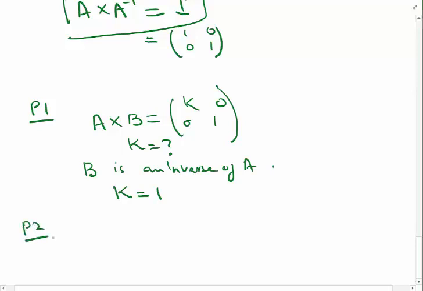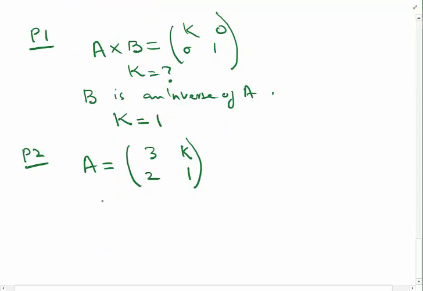Alright, let's do another problem. Let's suppose we have matrix A with the entries 3k, 2, 1. Now it's given that the determinant of matrix A is 0, or it's given that matrix A is singular.